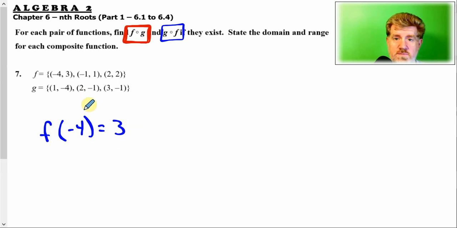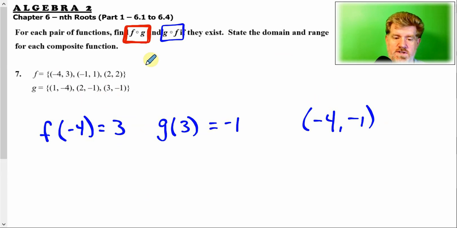So now I look at my g's. Do I have a g that starts with a 3? And I do. If I put in a 3, I get out a -1. So I start with a -4, end up with a -1. If I think about the points, -4, 3.